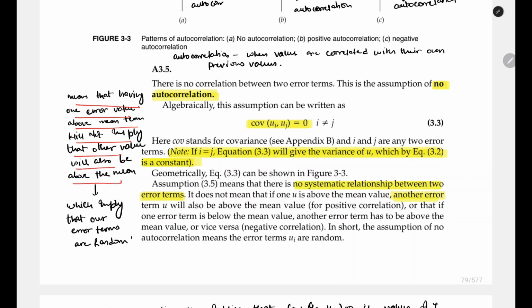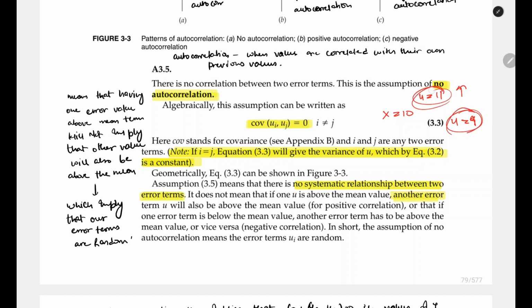Do you get it? I'm saying that if x is equal to 10 and we get an error value, say mu is equal to 11, it does not mean that all the error values will be like this only, on the positive side only. It could be that the next error value is 9. Okay, so this implies that there is no autocorrelation, right?